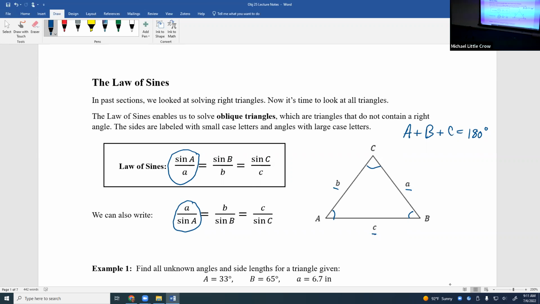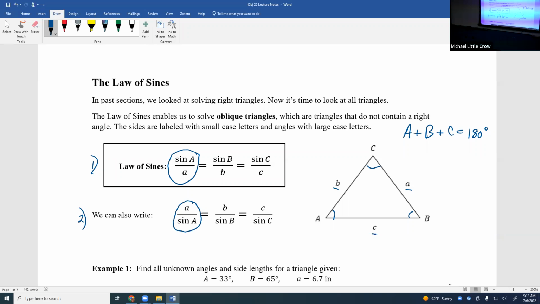If we're solving for little a, we probably use the second one because less work. If we're solving for an angle, we'll probably use this first version, simply because then the angles up there saves us a little bit of work. We could use either one, but I'm always about saving work, okay?